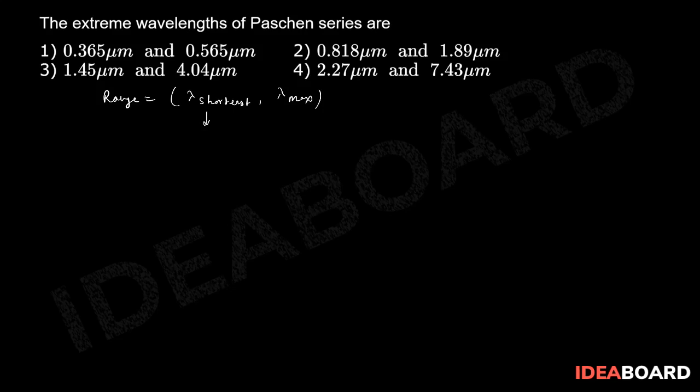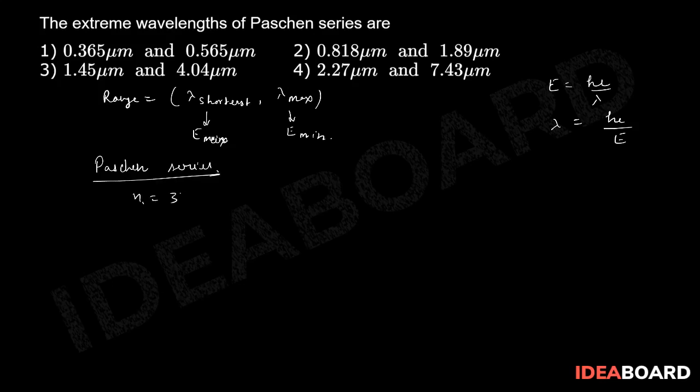So we know that lambda shortest will relate to E maximum and lambda maximum will relate to E minimum. Why? Because E is equal to hc by lambda, so we can write lambda as hc by E. And one more thing, for the Paschen series n1 is always fixed, which is 3.